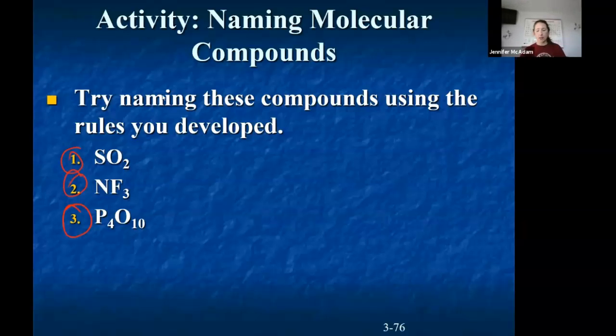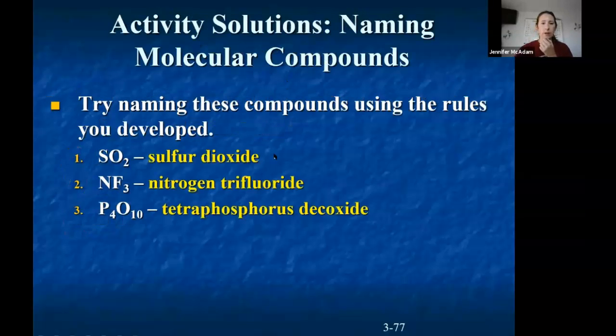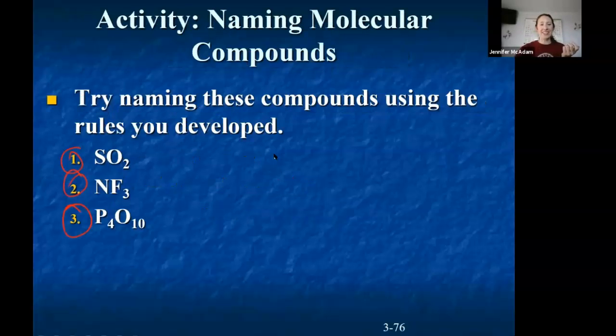Okay, let's go over these. So our first one, we have 1 sulfur and 2 oxygens. So that one will be, what did we get for our first one? Oh, I just gave you all the answers at once. So yeah, this one will be sulfur, and then 2 is dioxide. Our second one is just nitrogen.